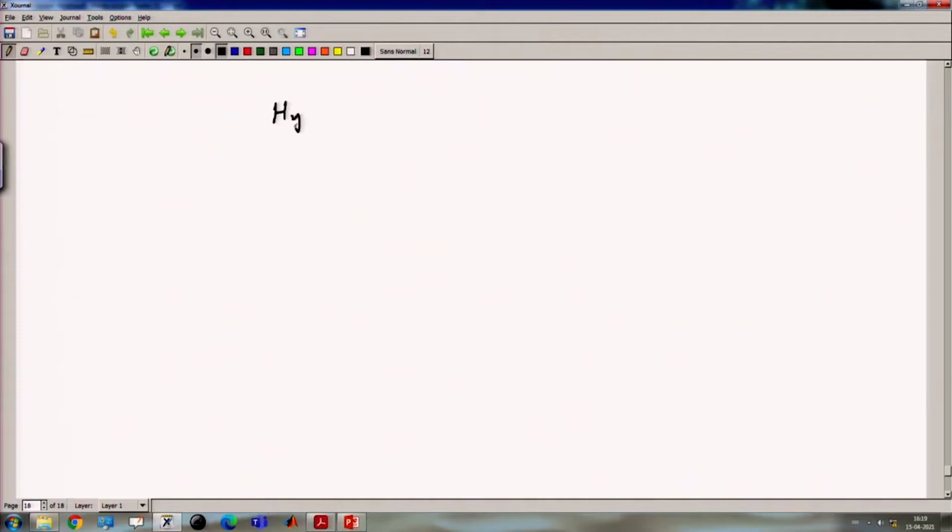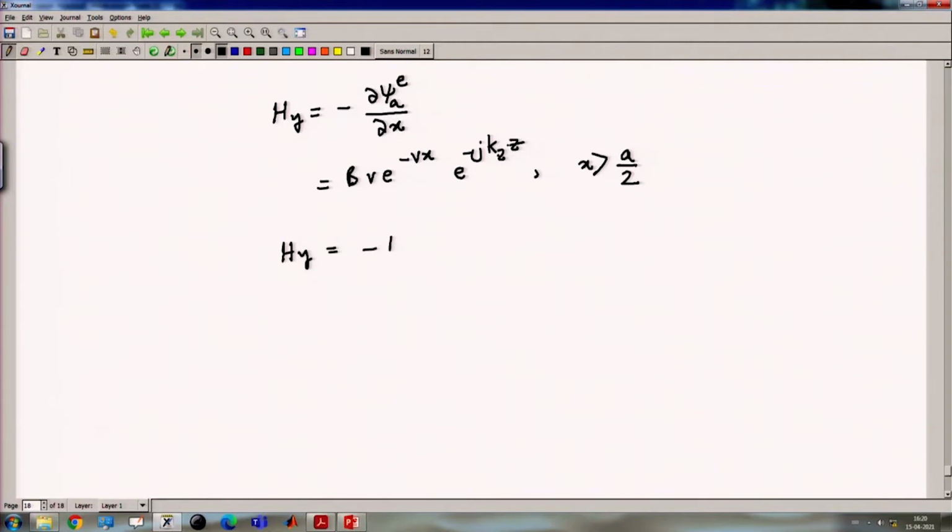So, H y is given by minus del psi a e by del x, that is equal to b v e to the power minus v x, e to the power minus j k z z for x greater than a by 2, and H y equal to minus b v e to the power v x, e to the power minus j k z z for x less than minus a by 2. We call this equation 25.